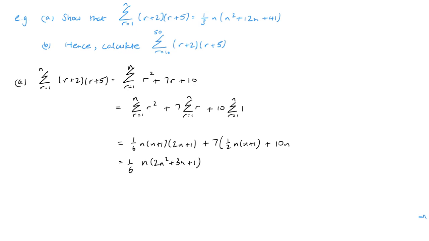And of course I can get rid of my bracket here, and this n and this n squared will become cubed, this will be squared, and that will be n. Then 7 over 2 n squared plus 7 over 2 n, plus 10n. I'm sorry, that is in brackets multiplied by 1/6.